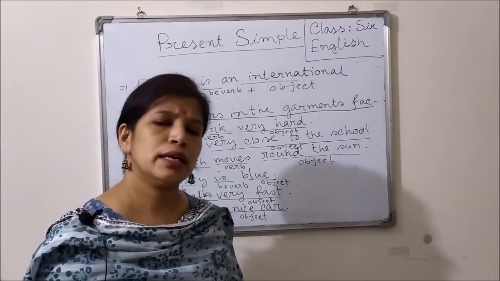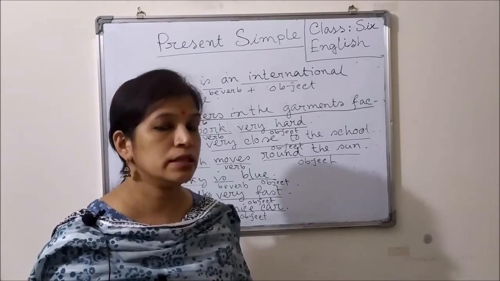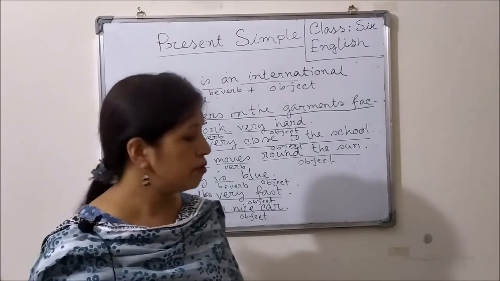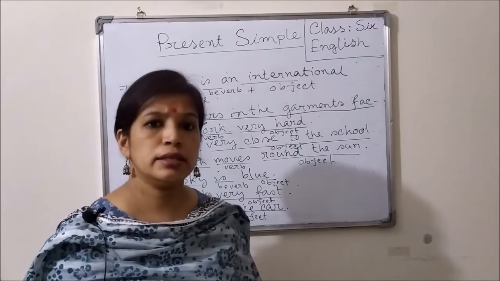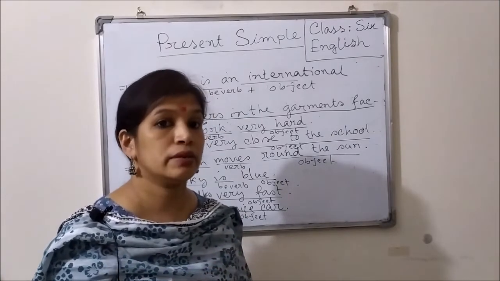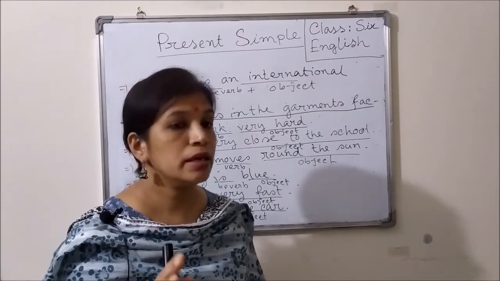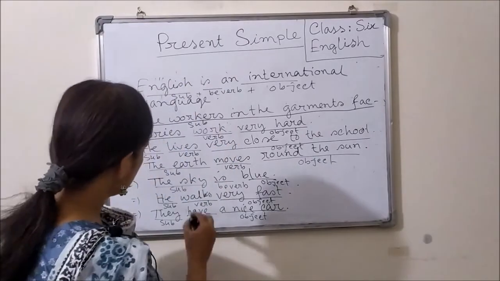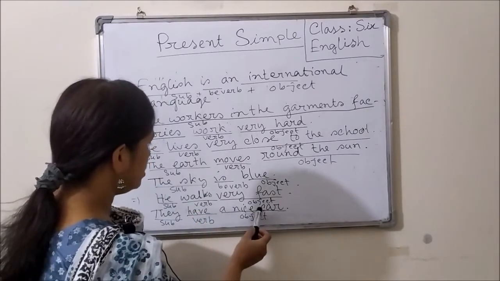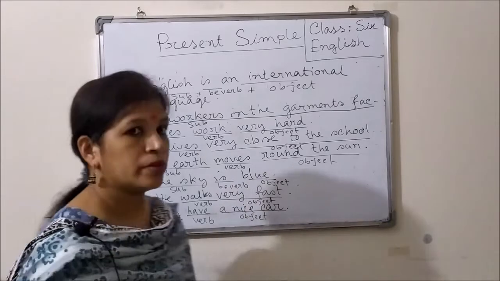He works. His habit is to work very fast. He doesn't work slowly. He works very fast. So it is his habit. That's why habitual activities are also part of the present simple. So come to the next one. They have a nice car. It's also a present action.